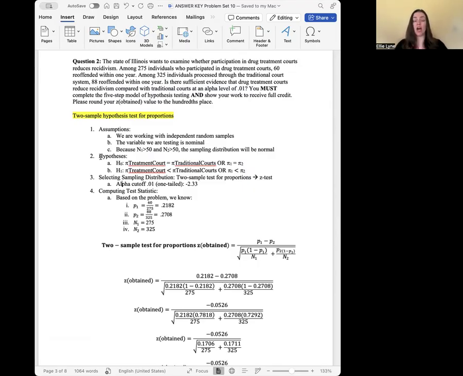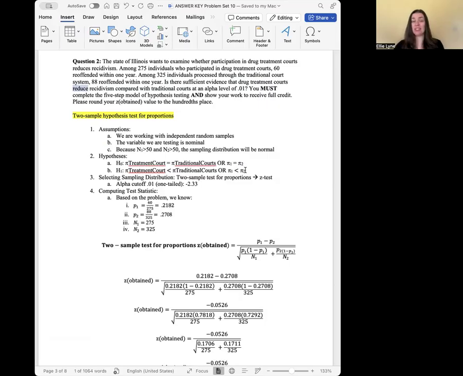In this case, unlike question number 1, where we saw the word difference, which signifies both ends of the normal distribution, here we have a direction specified, right? Reduction, less than. That means we are only interested in the negative end of the distribution.